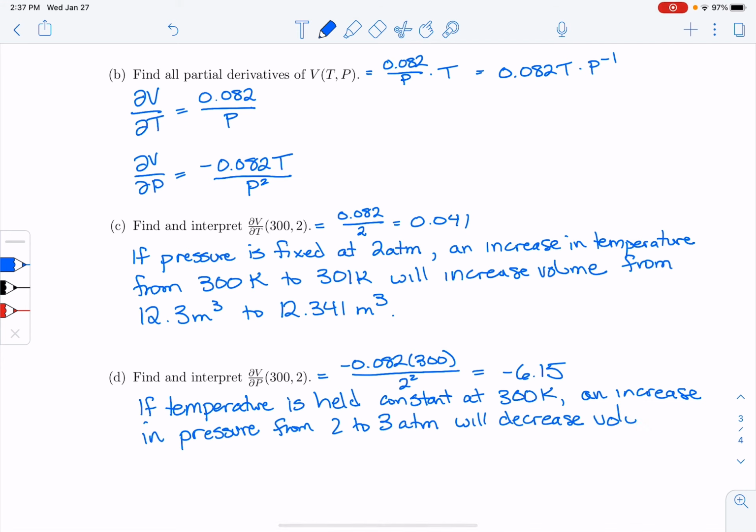We're going to take 12.3 meters cubed, and then we're going to subtract 6.15. When we do that, that will actually bring it down to 6.15 meters cubed. So if I increase the pressure from 2 to 3 atmospheres, that's going to decrease the volume. We expected that because the derivative was negative, but it's going to decrease it quite significantly from 12.3 meters cubed to 6.15 meters cubed.